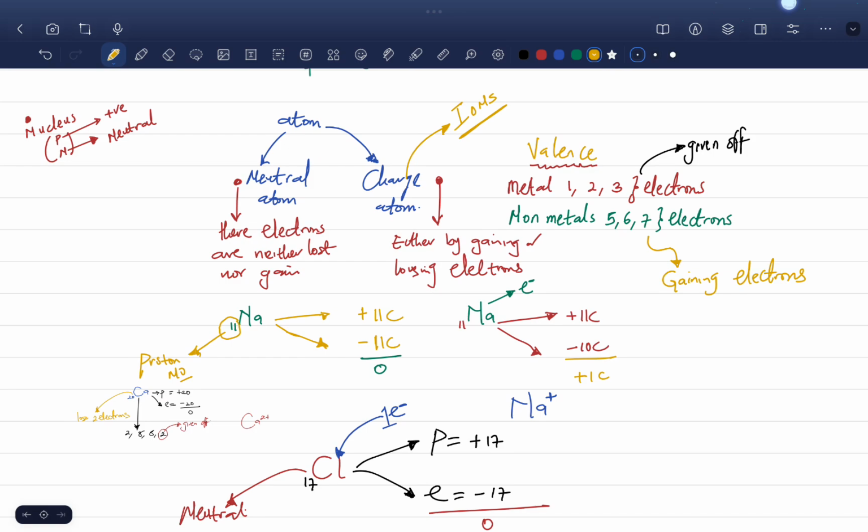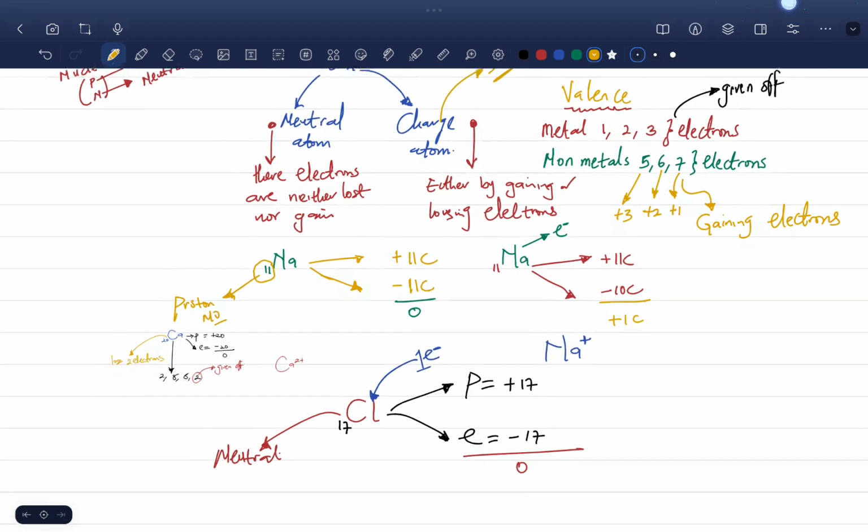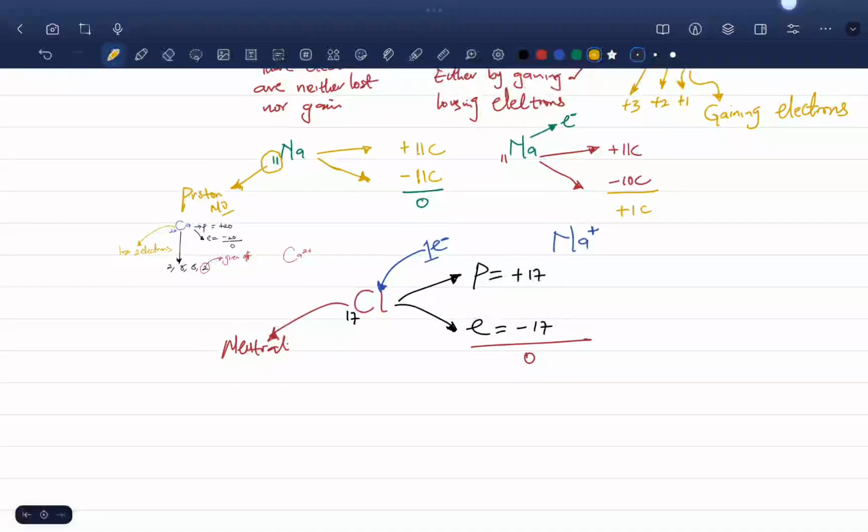If I have 5 electrons in my outermost shell, to complete my octet, I'm going to be gaining just 3 more electrons. If I have 6 electrons in my outermost shell, I'm going to be gaining 2 more electrons. And if I have 7 electrons in my outermost shell, I'm going to be gaining 1 electron. So the concept behind all of this is we want to balance the outermost shell.